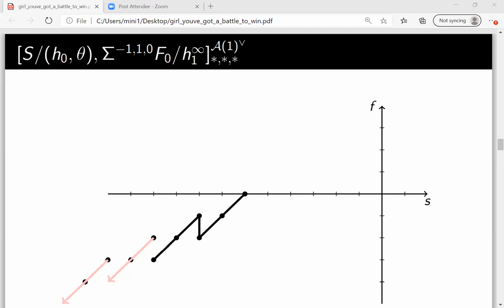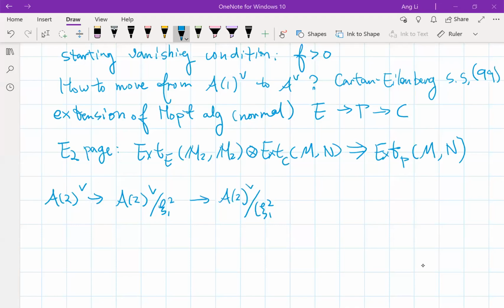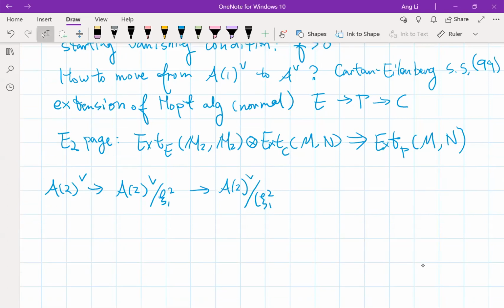Are we supposed to see you writing right now? Oh, sorry. Okay, great. So hopefully when I'm writing the E2 page, there's, okay, sorry about that. Okay, where I am. Yes, so the A2 dual does not differ from A1 dual by a lot.